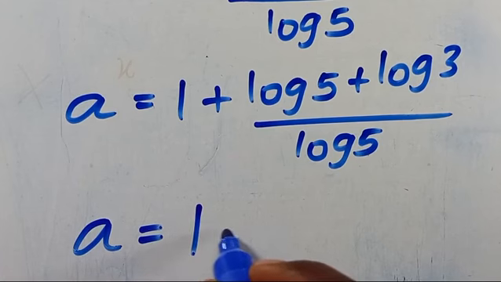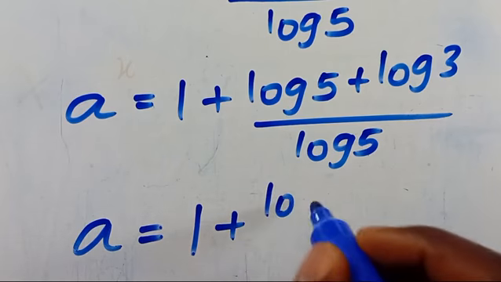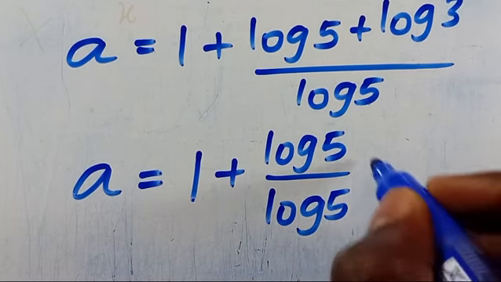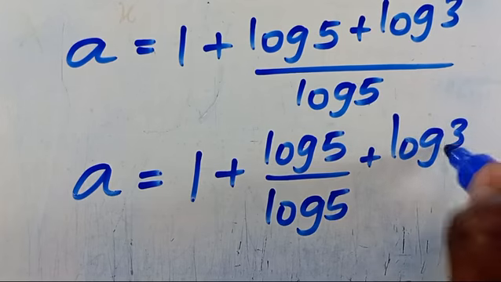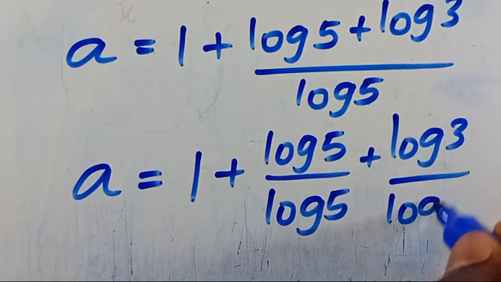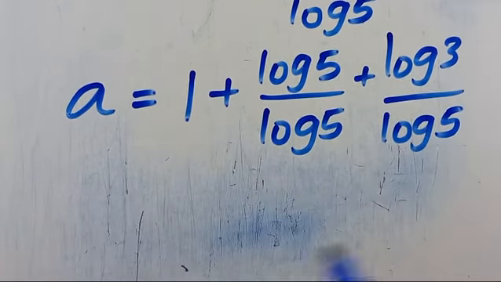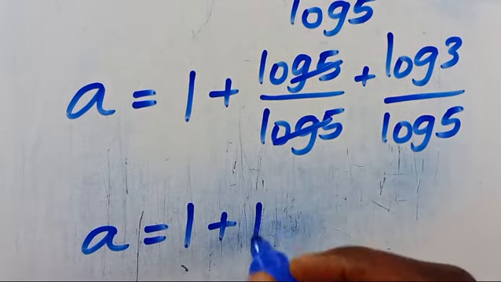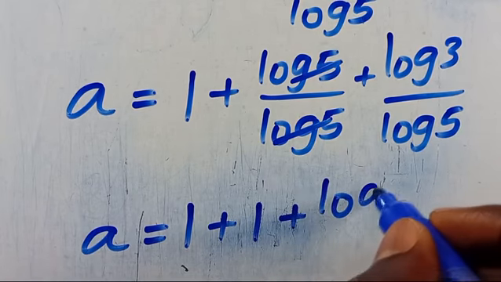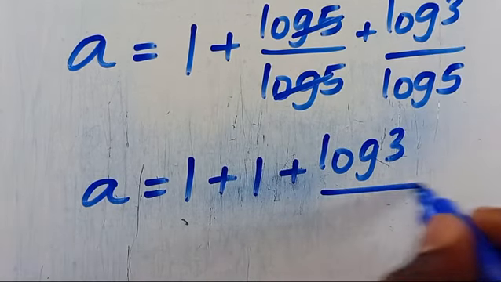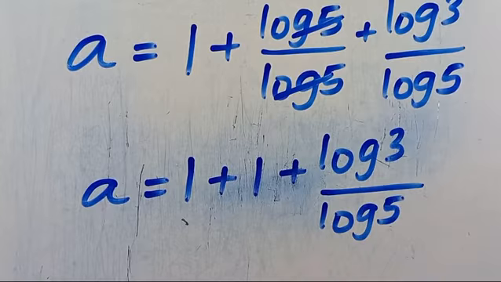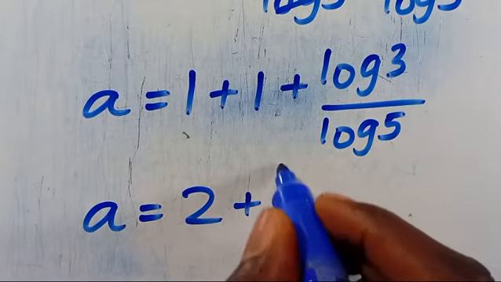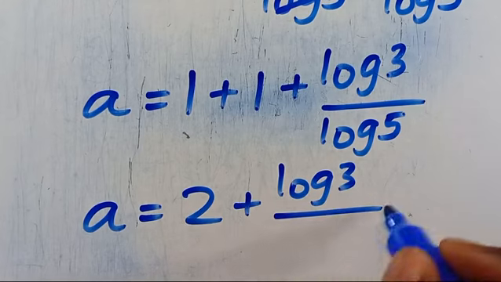A will be 1 plus, dividing this by this separately: log 5 divided by log 5 plus log 3 divided by log 5. A will be equal to 1 plus log 5 divided by log 5 gives us 1, plus log 3 divided by log 5. So a equals 1 plus 1, which gives us 2, plus log 3 divided by log 5.